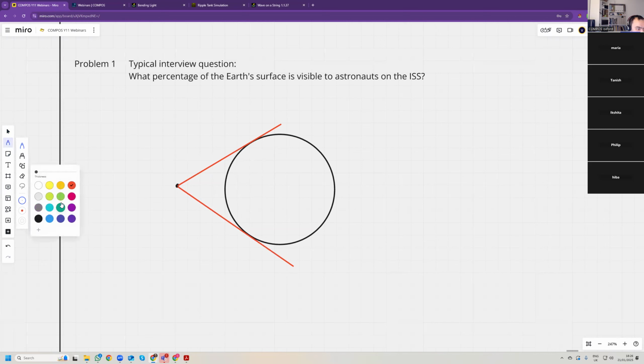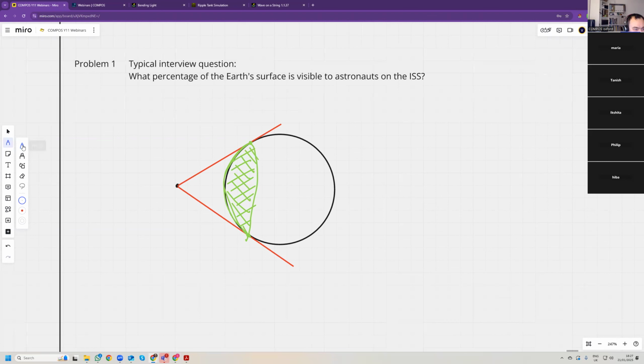I'll use green. This is the visible part. It's obviously going to be some sort of circle. And the rest is invisible because it's behind the horizon.